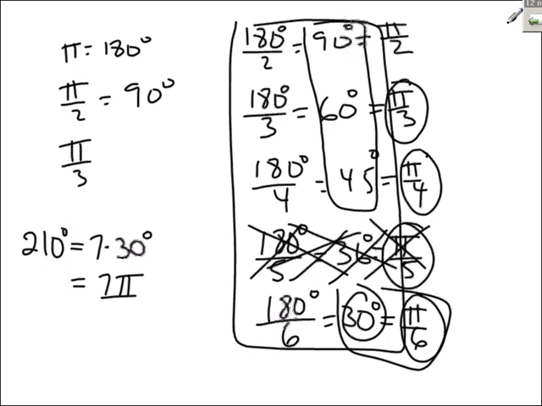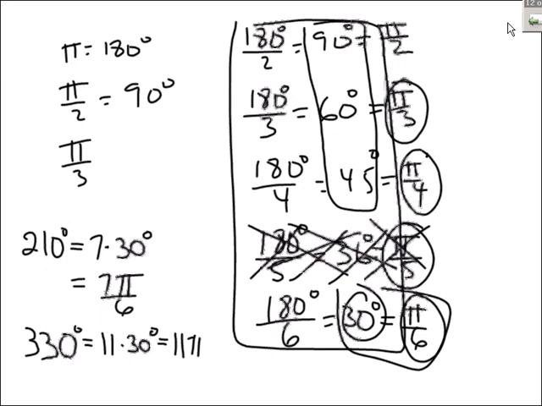So I have 7 pi over 6. If somebody gave me 330 degrees, I would say, oh, 330 is 11 times 30. And 30 is pi over 6. So here's 11 times 30 degrees, and 30 degrees is pi over 6.